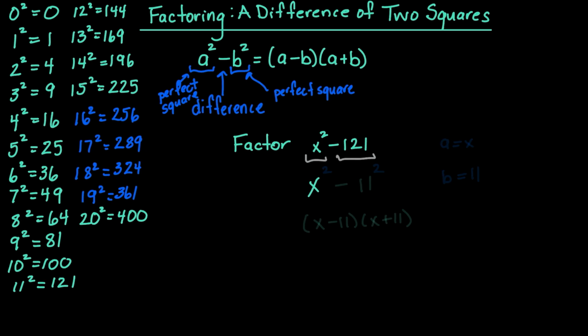So I'm going to rewrite. We have x squared minus 11 squared. So that tells me that A is equal to x and B is equal to 11. So x squared minus 121 is going to factor to x minus 11, x plus 11.